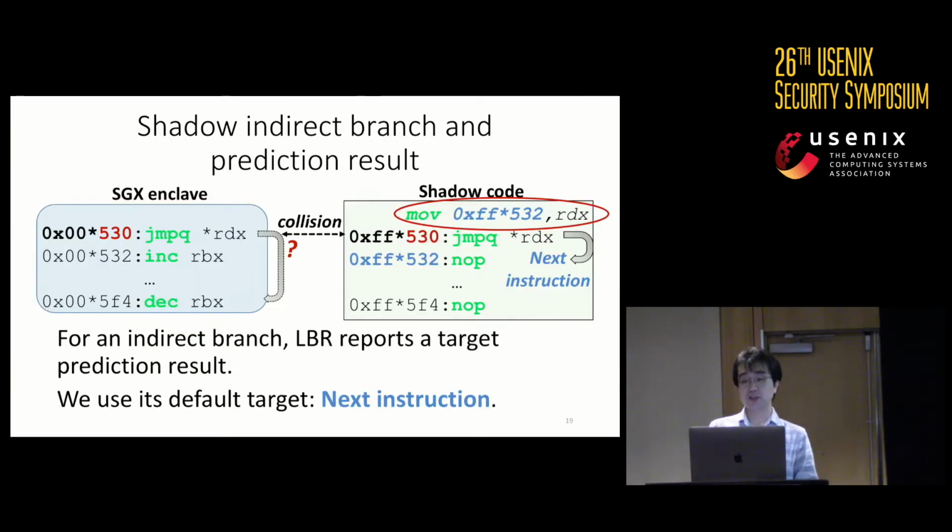Next, this figure shows how we can write some shadow code for an indirect branch. For an indirect branch, LBR reports whether each branch target prediction was correct or not. So in our shadow code, we make sure that a shadow indirect branch jumps into its default target, the next instruction.